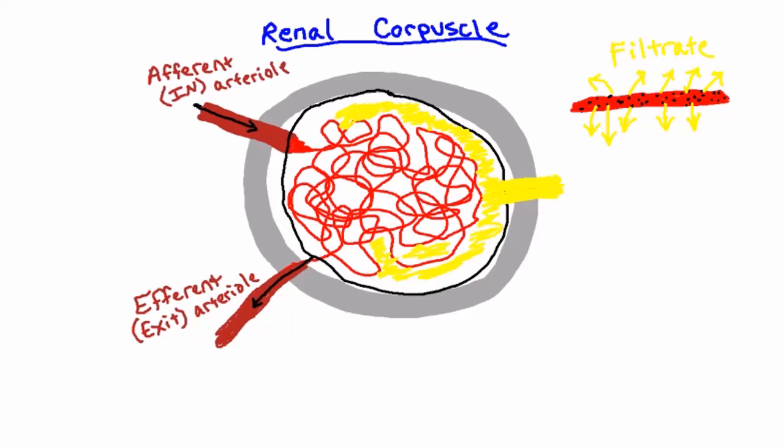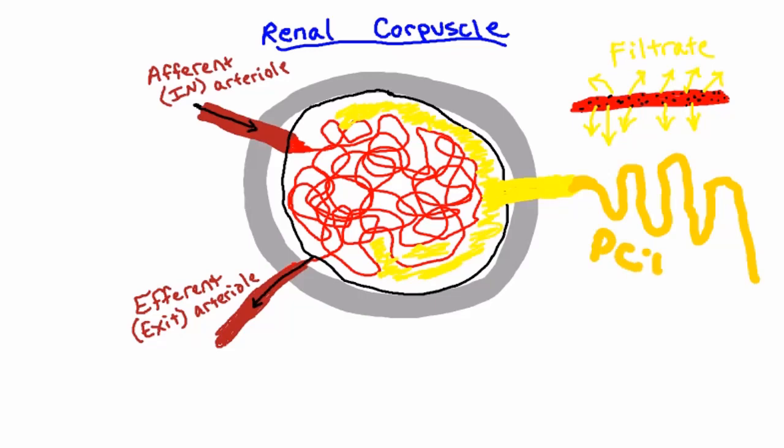The filtrate that the blood squeezed out of the capillaries comes out of the other side, out of this end, and it turns into the proximal convoluted tubule, where it does that convoluted thing. It twists and turns. So this would be the proximal convoluted tubule right here. So that's where the filtrate comes out.